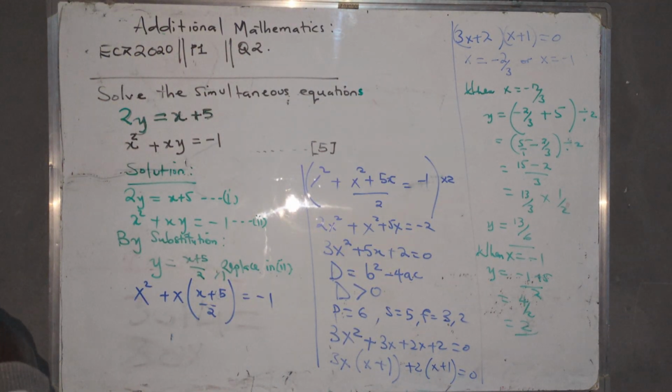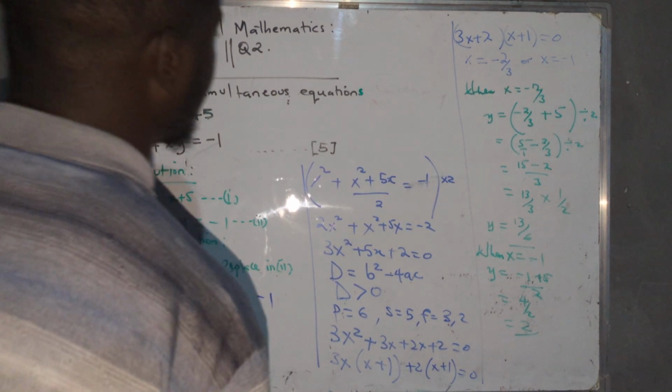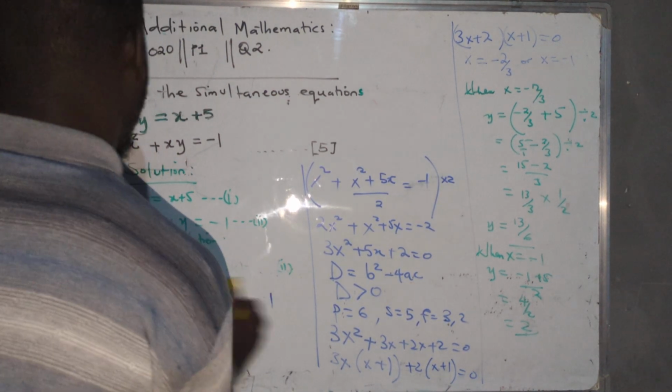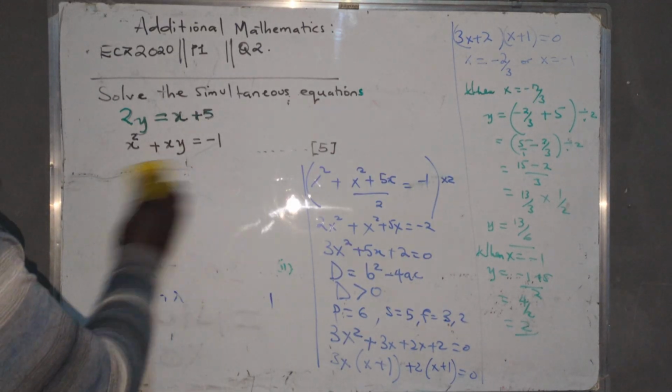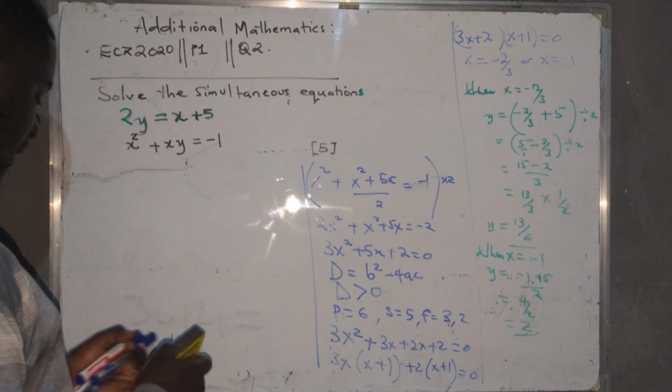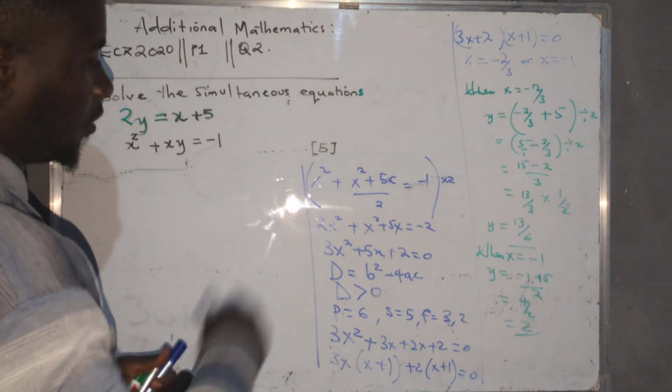And now, how do you present your answers? Now just to present your answers properly, let's create space here. This is how you present answers now. Just don't leave answers like that.